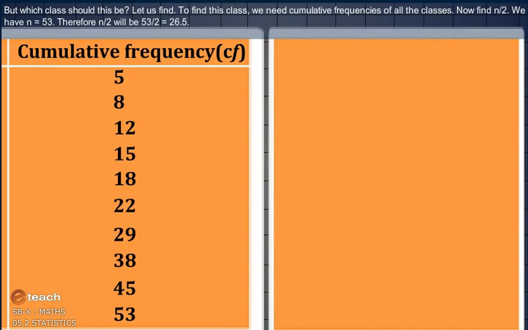Now find n by 2. We have n equals 53. Therefore, n by 2 will be 53 by 2 equals 26.5.